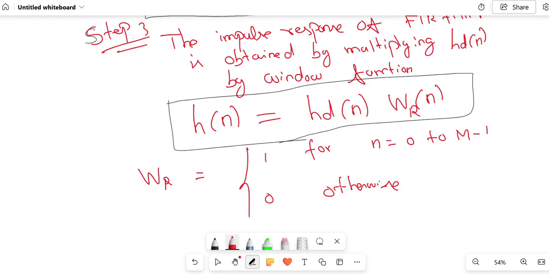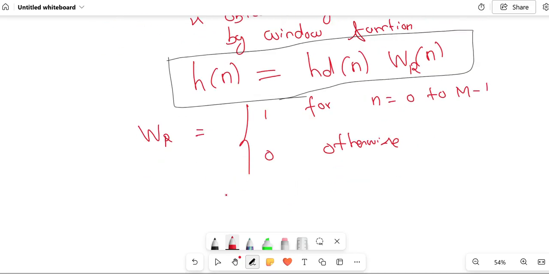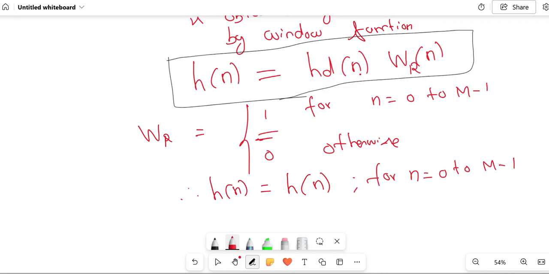So, what is the M value given in the problem? Since it is a rectangular window, it is 1, so you will get H of n equal to HD of n for n equal to 0 to M minus 1.